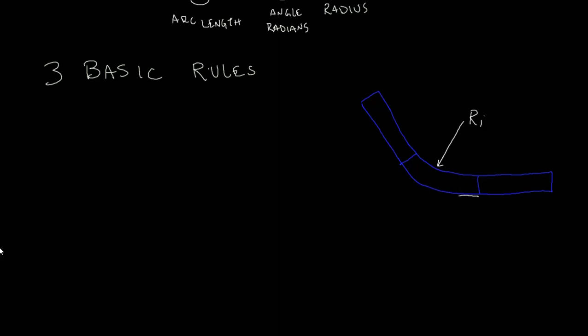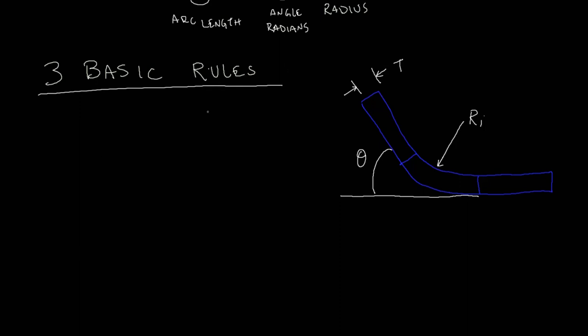There's some sort of angle that this part has been bent to. And there is a neutral axis, which I'll draw in correspondence to the three basic rules. And of course, the material has a thickness T.